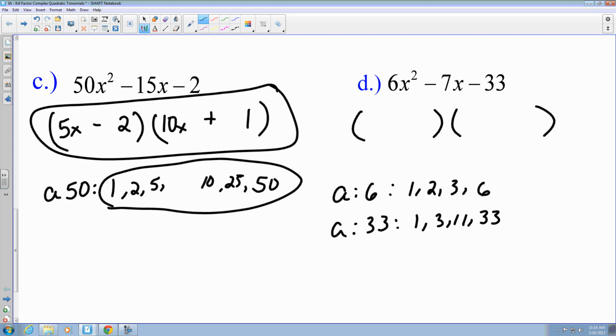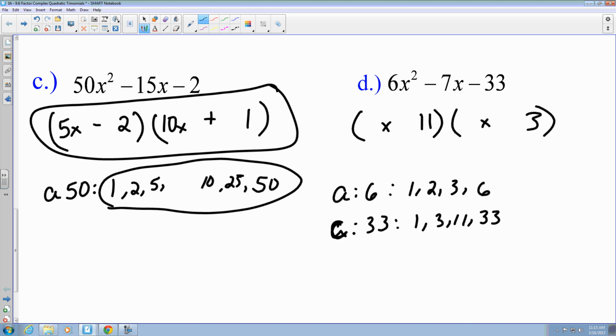So before I put any pluses or minuses, I know for a fact that there's going to be an x here and an x here. And I usually try to go in the middle of my C. I'm sorry, this should be a C. I'm going to go 11 and 3 because I know that product is going to give me 33. Now I need to find something whose difference is going to give me a negative 7.